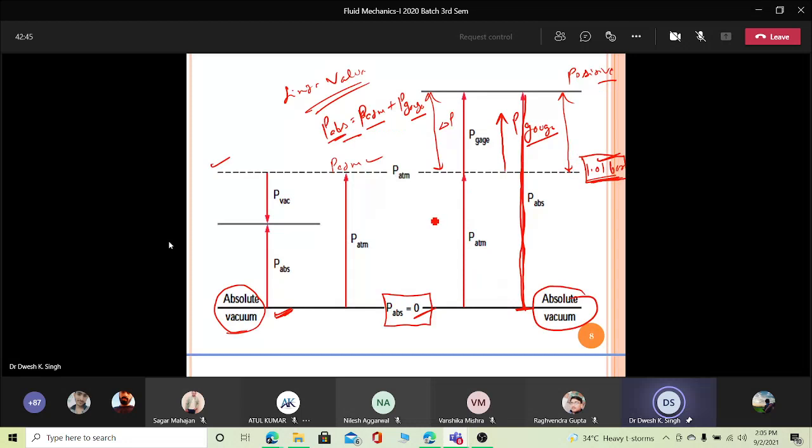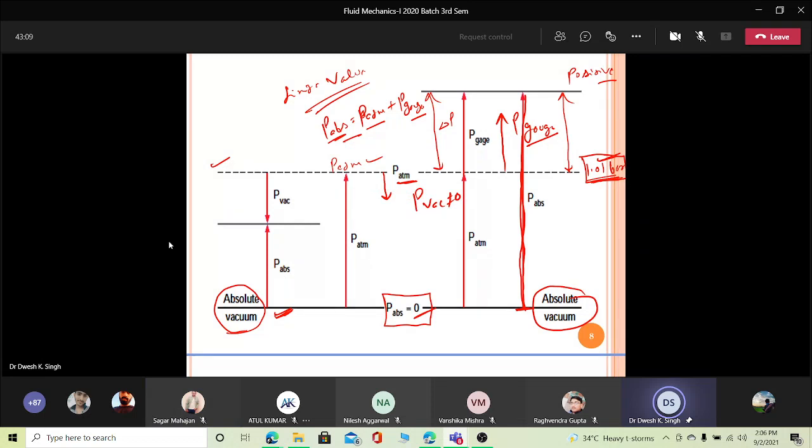Next, let us discuss the vacuum. What is vacuum? As soon as you start moving down from this atmospheric pressure, your vacuum started. But yes, the pressure is still not zero. Your pressure is less than atmospheric pressure.